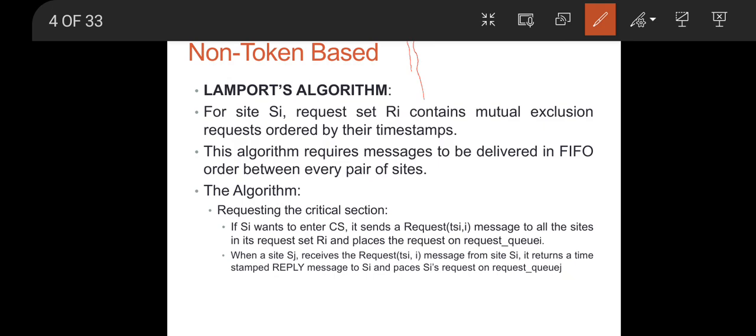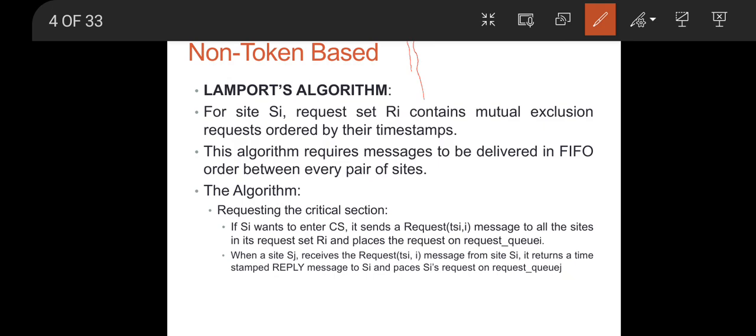So let us start with the first algorithm, which is a non-token based algorithm, that is Lamport's algorithm. We had discussed one algorithm in the previous chapter, for maintaining the logical clock in the distributed system, called Lamport's algorithm for logical clock, or Lamport's logical clock algorithm.